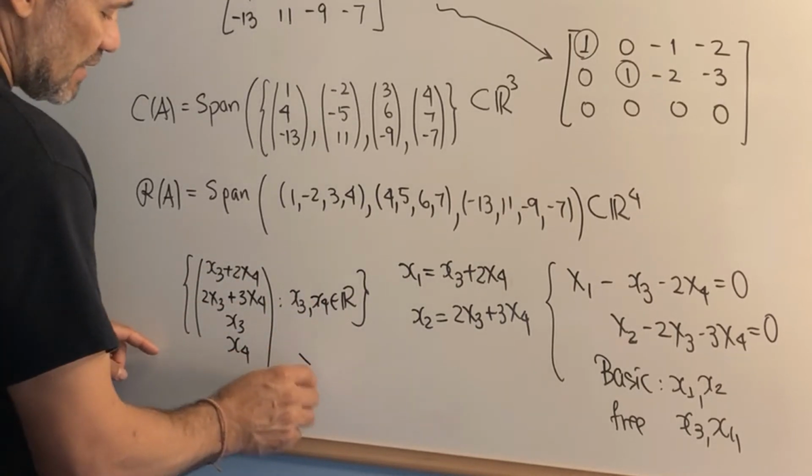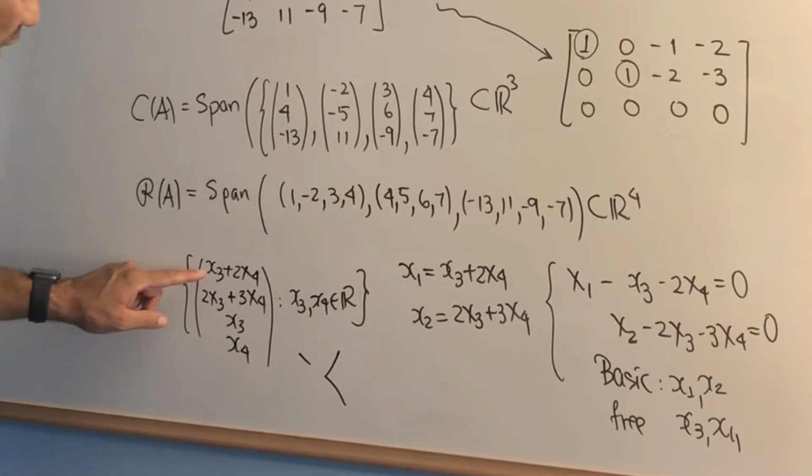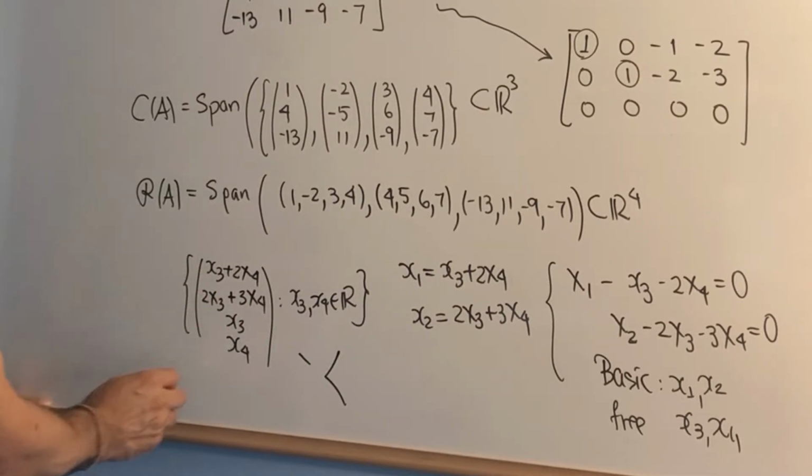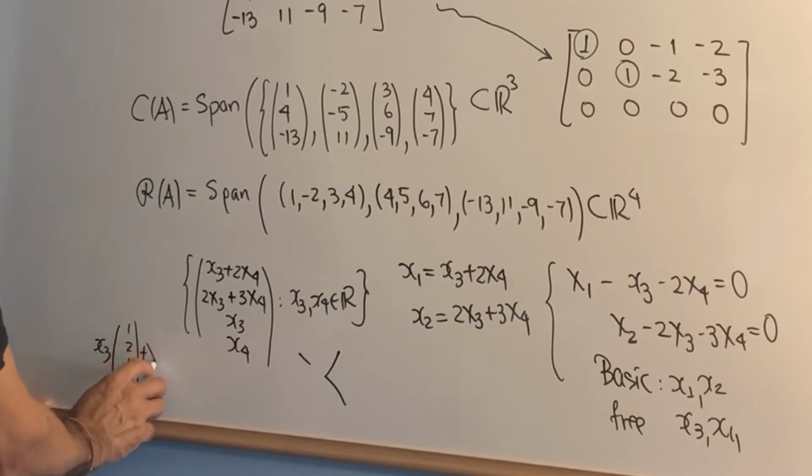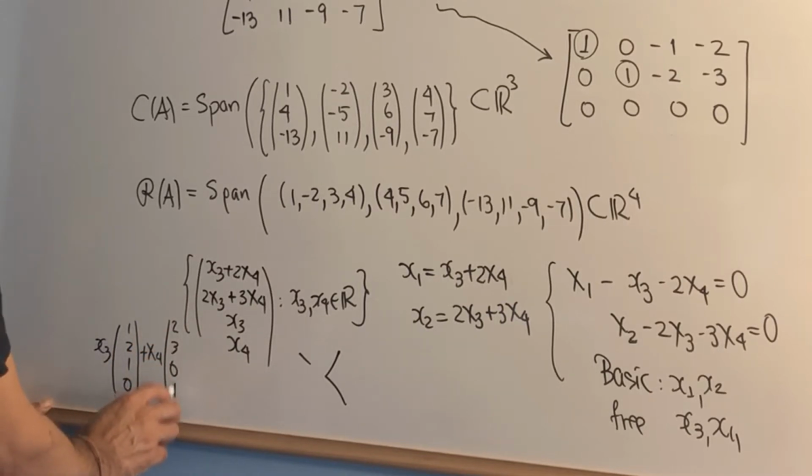And we know that essentially this is the span when we collect x3. Remember, this vector can be written as x3 times (1, 2, 1, 0) plus x4 times (2, 3, 0, 1).